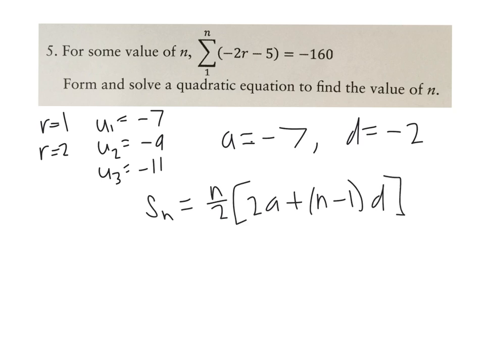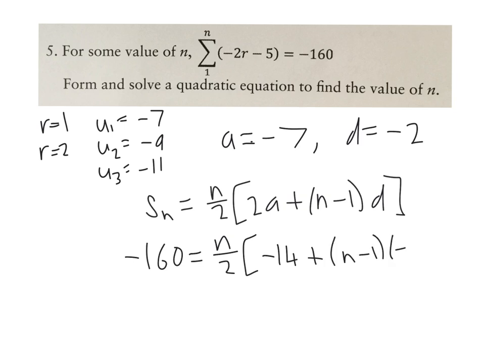And we know the sum of that is going to equal minus 160. So the left hand side we can write minus 160. The right hand side we don't know n. We know a is minus 7, so 2a would be minus 14. We don't know n. And we know d is minus 2.